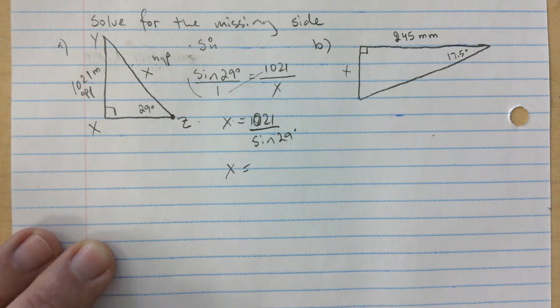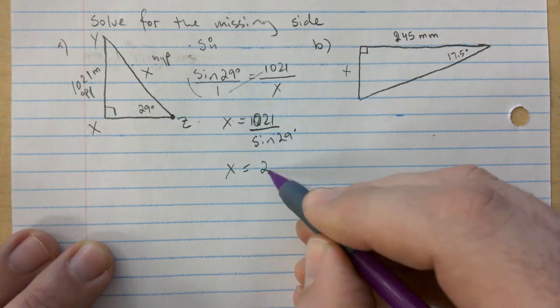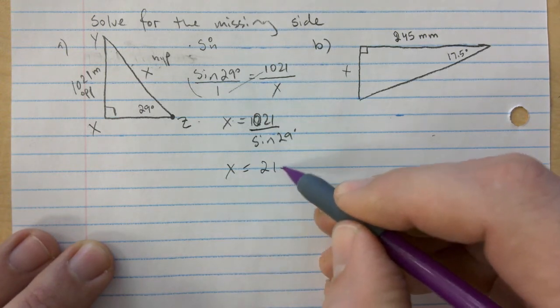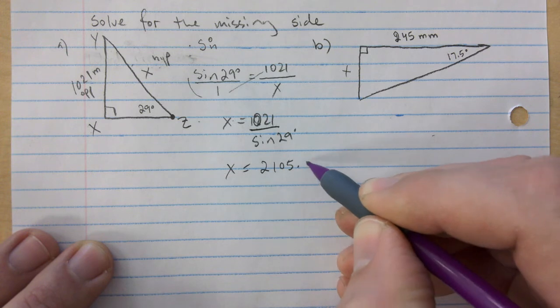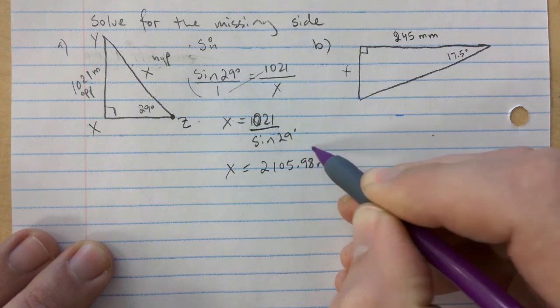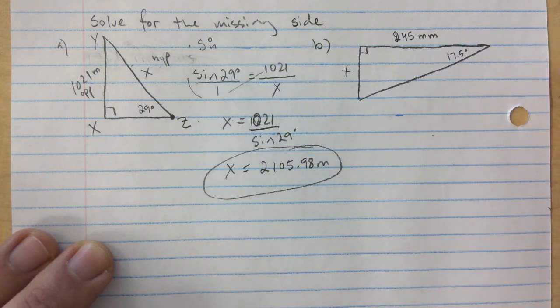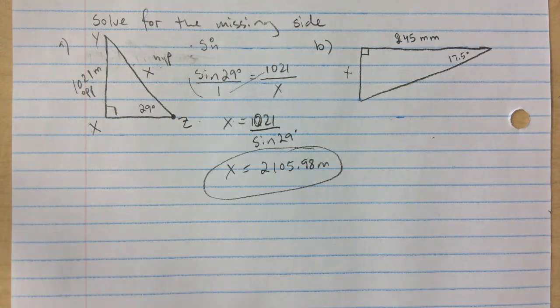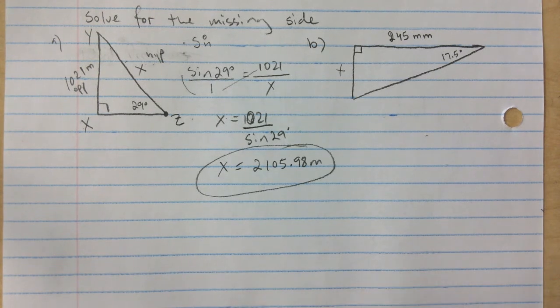And that is 2,105.98 meters. So that's what we've been doing up until now, right? Solving for the sides. So have that written down.